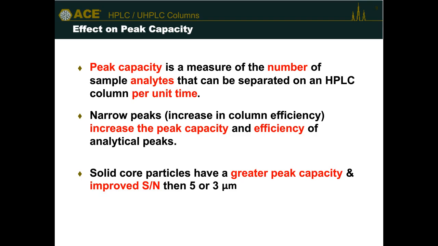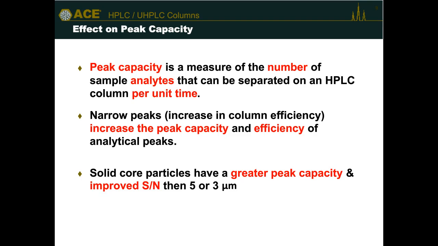So when we talk about our gradient methods, we talk about average peak capacity. And normally, for a more efficient separation, we have a sharper, narrower peak, which means we can fit more peaks into that separation window. Now, you might have a less wide separation window with these less hydrophobic particles.